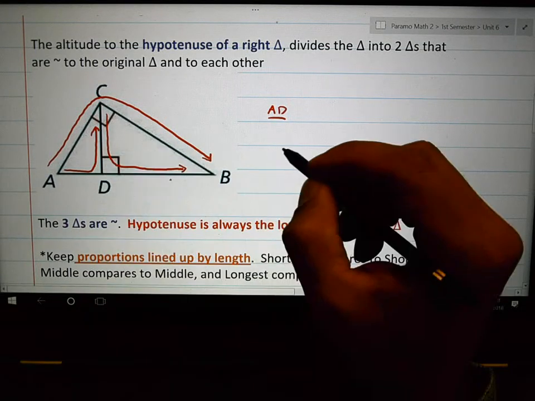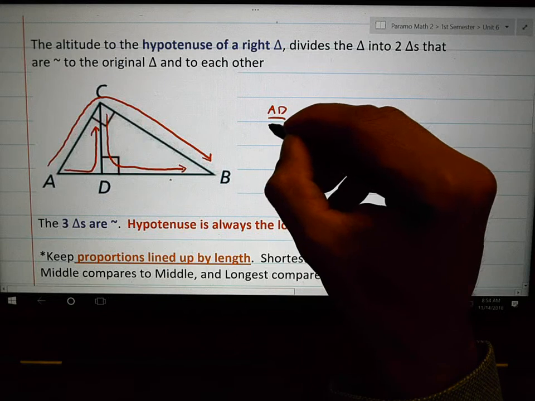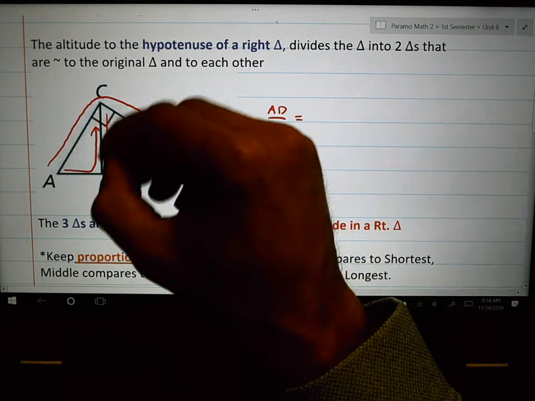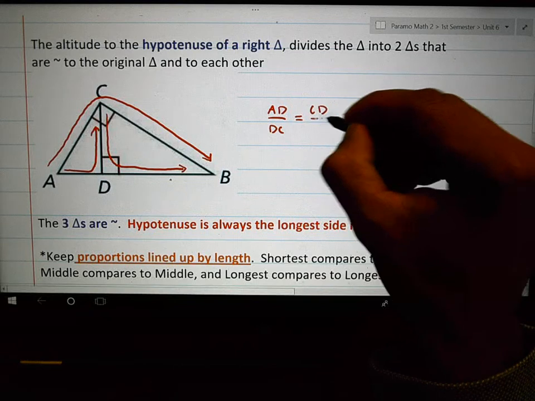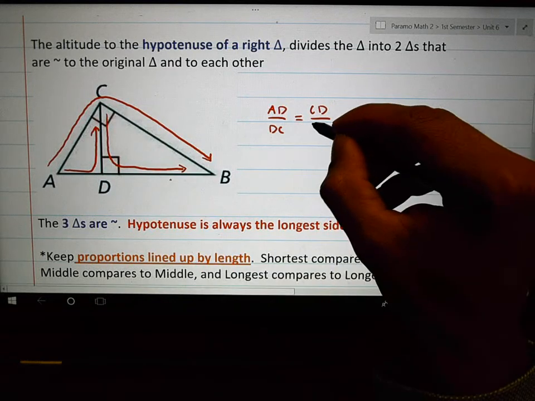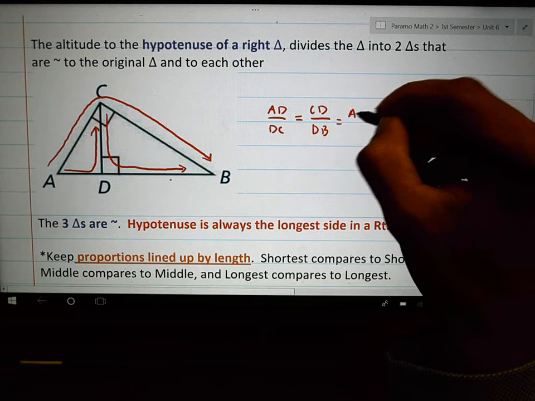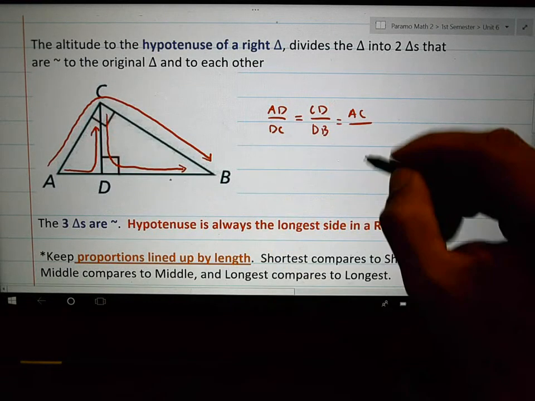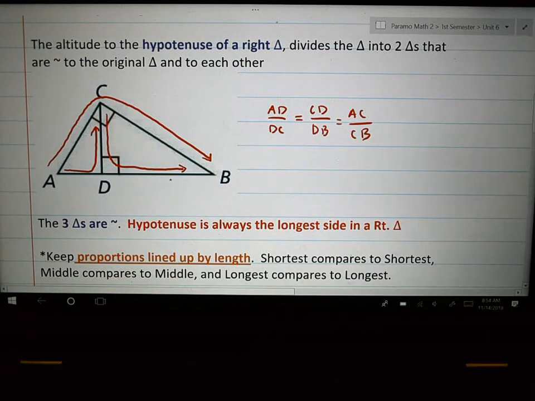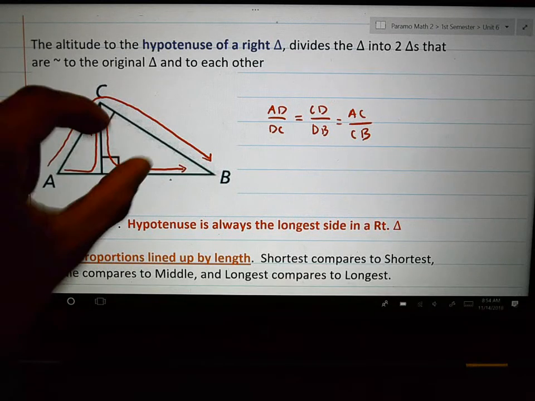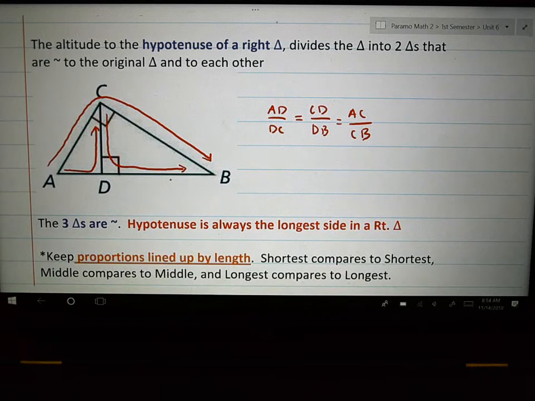AD is going to compare to DC. Short, medium is going to be equal to CD as it compares to DB, which is going to compare to AC compares to CB. Those are the proportions that get set up from the smallest triangle, the middle triangle, and the large triangle.